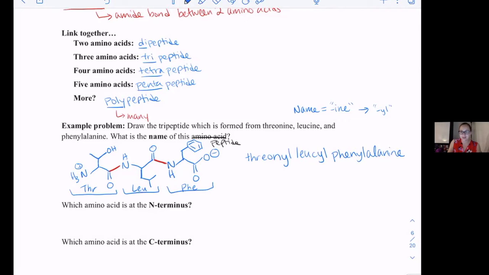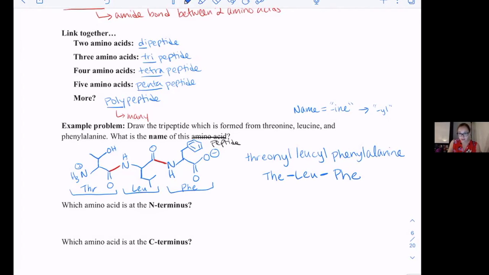We could also name this in terms of our 3-letter abbreviations, in which we would just do THR for threonine, dash, LEU, dash, PHE. So this is threonine, leucine, phenylalanine back to back. It is important to know that you need to capitalize the first letter of each of those.